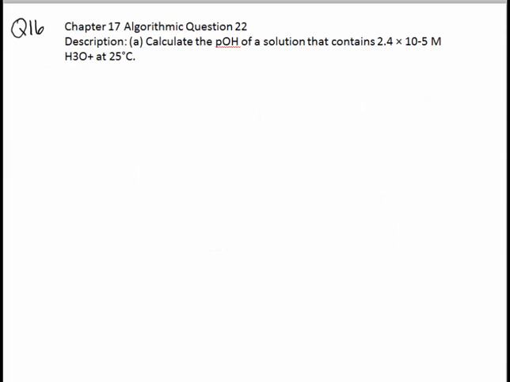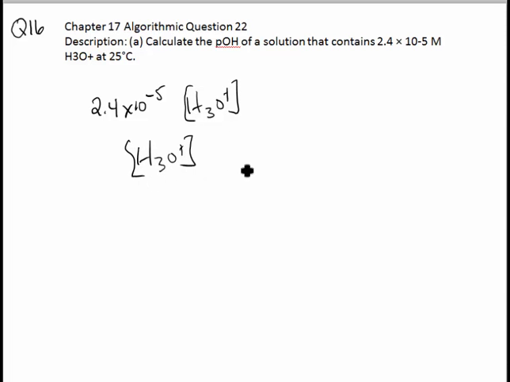In question 16, calculate the pOH of a solution that contains 2.4 times 10 to the minus fifth as the concentration of H3O plus. So remember, H3O plus concentration when multiplied by OH minus concentration equals 1 times 10 to the minus 14th.